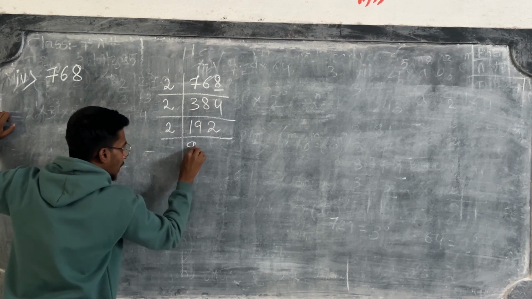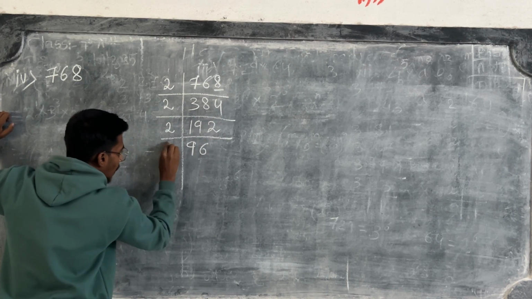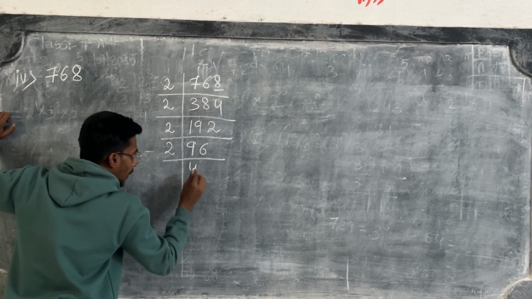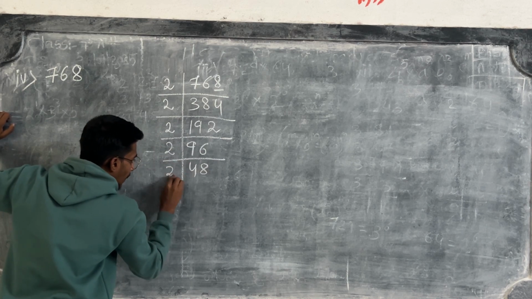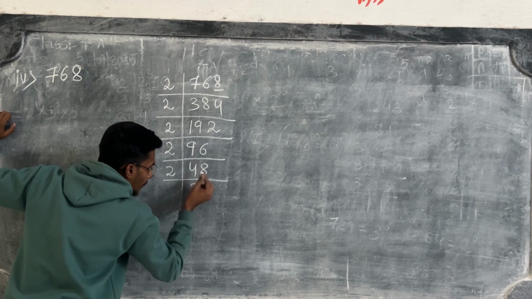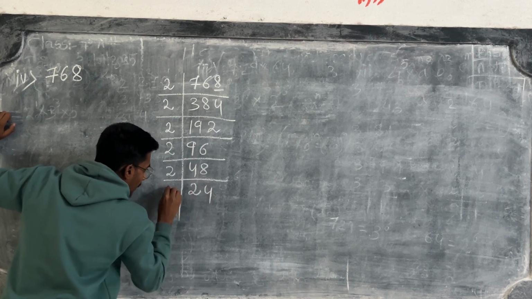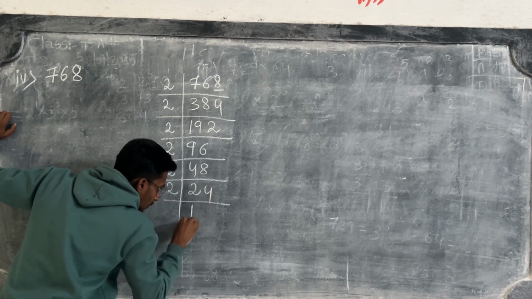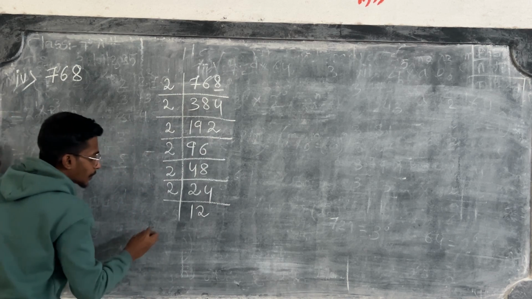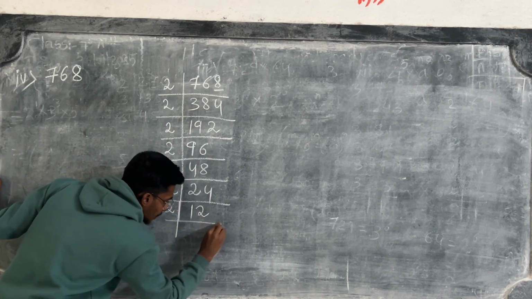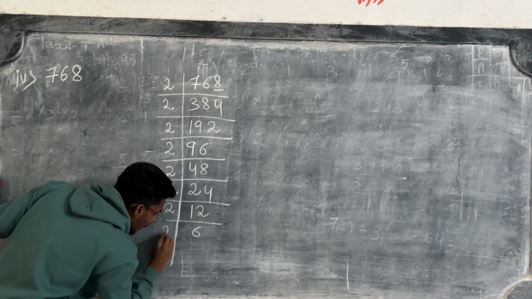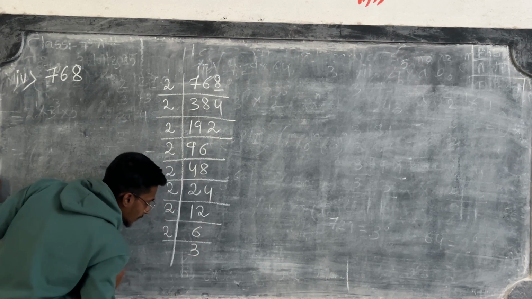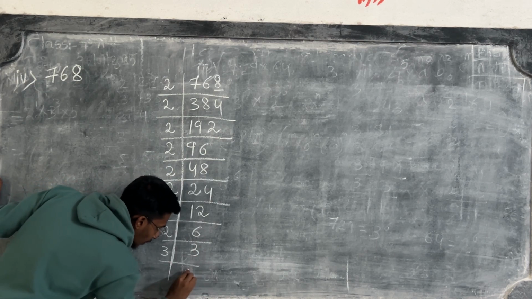Again 2 9s are 18, 2 6s are 12, 2 4s are 8, 2 8s are 16, 2 2s are 4, 2 4s are 8, 2 1s are 2, 2 2s are 4, 2 6s are 12, again even number, 2 3s are 6, and last 3 1s are 3.